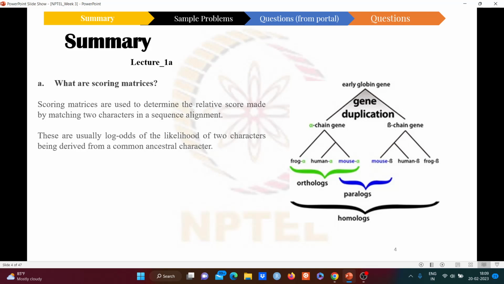These scoring systems are used to determine the relative score made by matching two characters in a sequence alignment. These relative frequencies or scores are usually represented as a logarithm of the likelihood of two characters being derived from a common ancestral character.